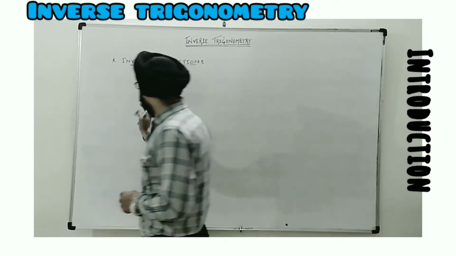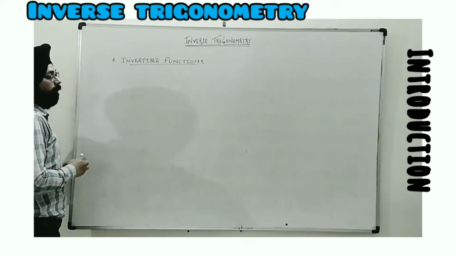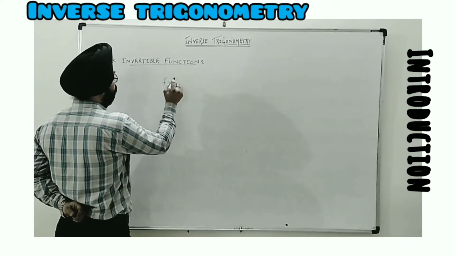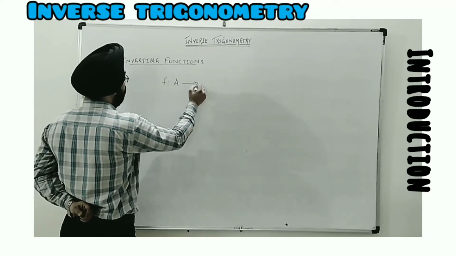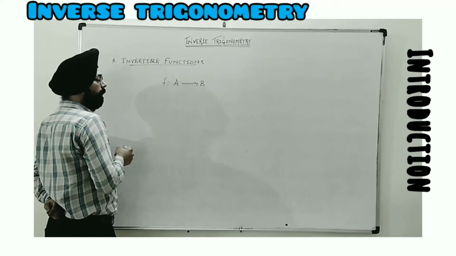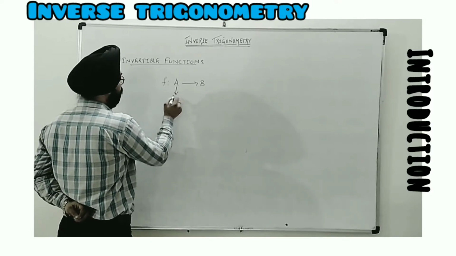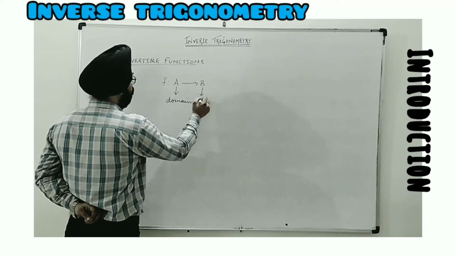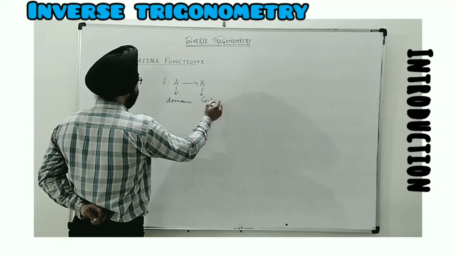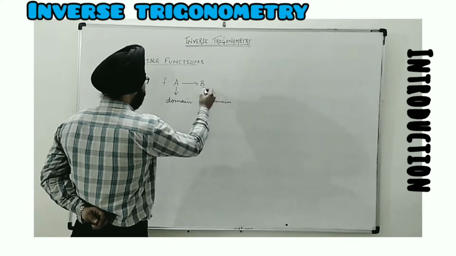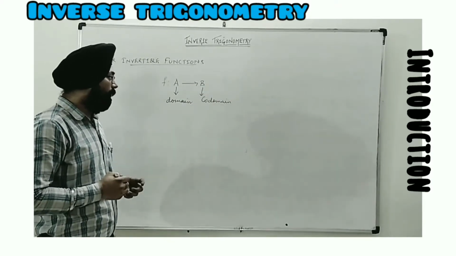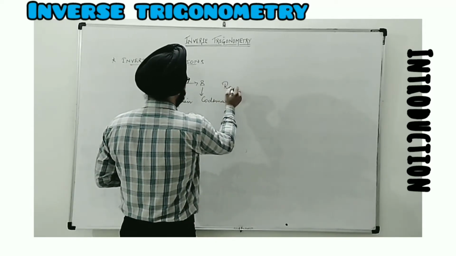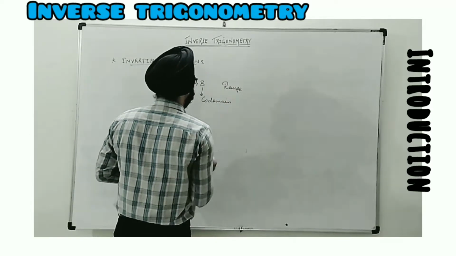Let's see invertible functions. Suppose a function is defined from A to B. Here we know that A is known as the domain, B is known as the codomain, and the set of images belonging to B is known as the range.